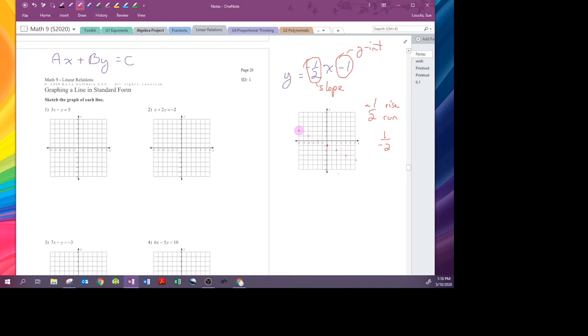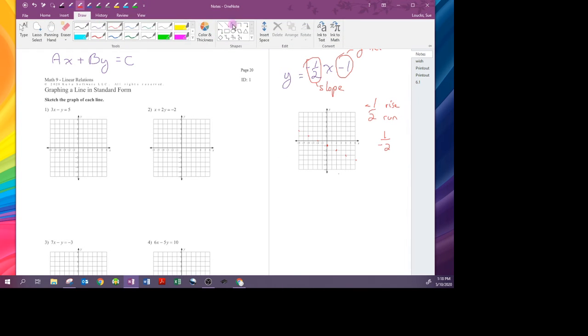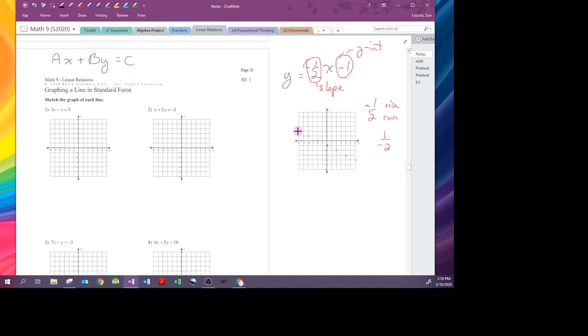That gives me a nice place for my line to go. And there's my line.